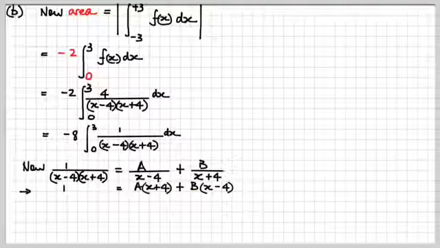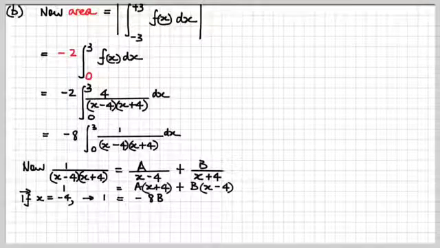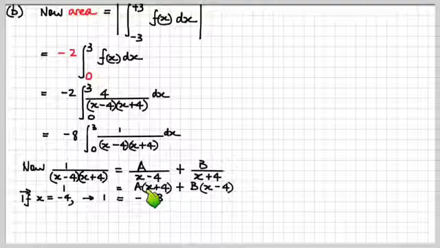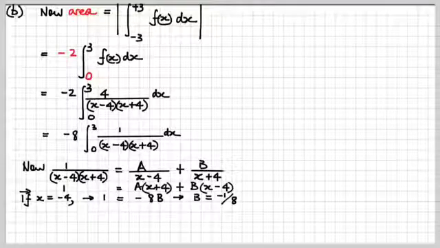What you do is you pick strategic values of x to make one of these terms 0. I'll show you. It's absolutely cool. So if x was -4, guys, then this equation would become 1 equals nothing minus 8b, right? Therefore b is -1/8. It just drops out like that.